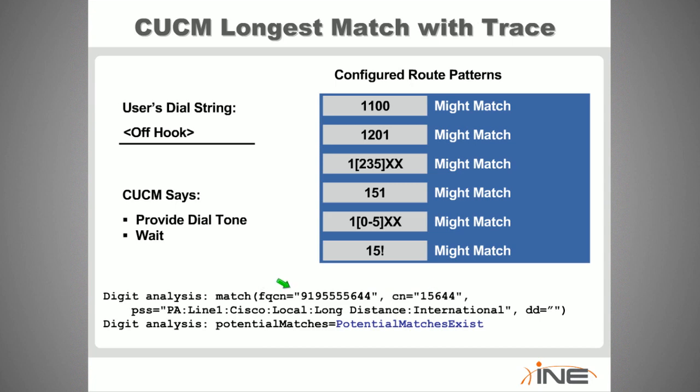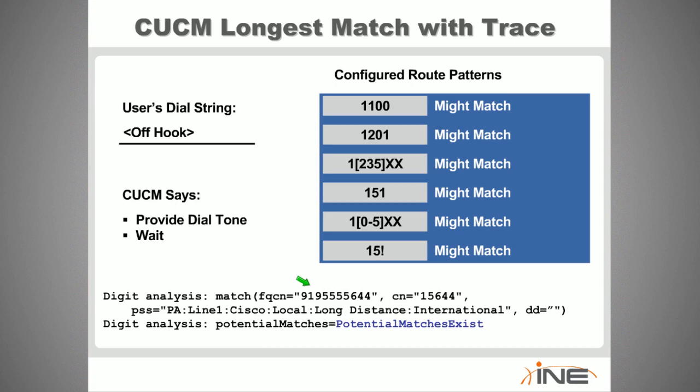So what's the difference between the calling number and the fully qualified calling number? Calling number is the person's extension. The fully qualified calling number is their external phone number mask taken into consideration.